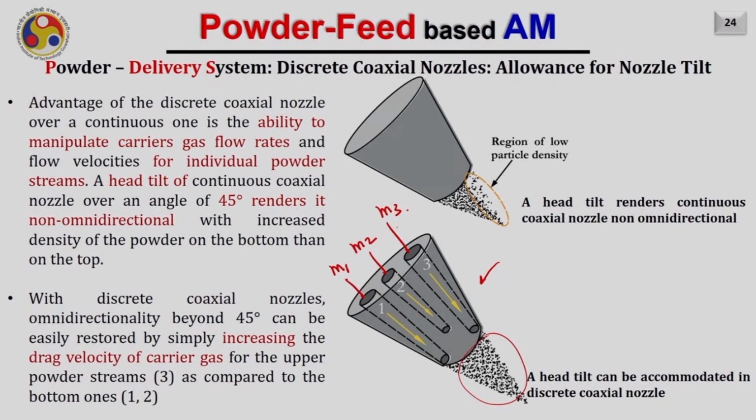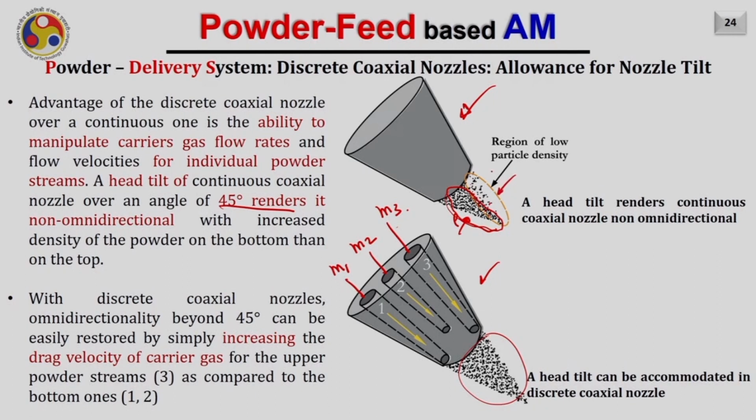So a head tilt of a continuous coaxial nozzle over an angle of, assume, 45 degrees renders it non-omnidirectional, with increased density of powder on the bottom than the top, as you can see in this diagram. If my nozzle is tilted, the powders under gravity will come down. As a result, you will have more concentration of powder particles at the bottom than the top region.